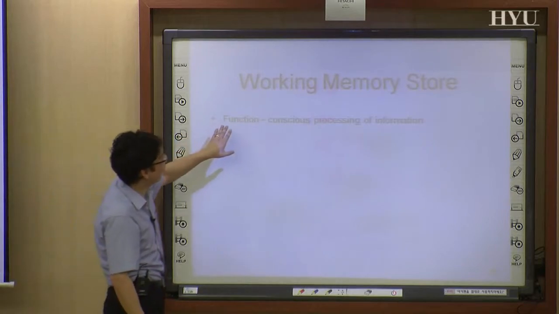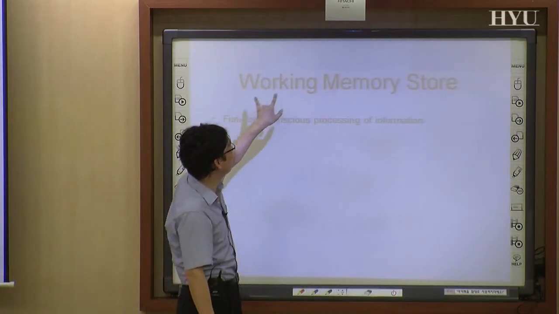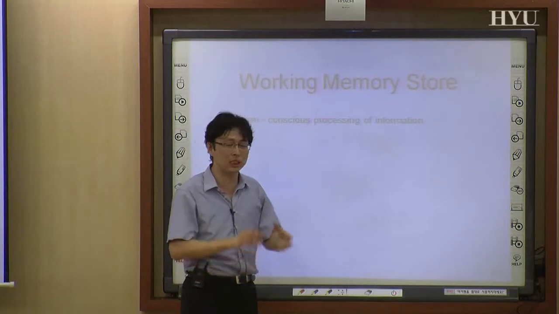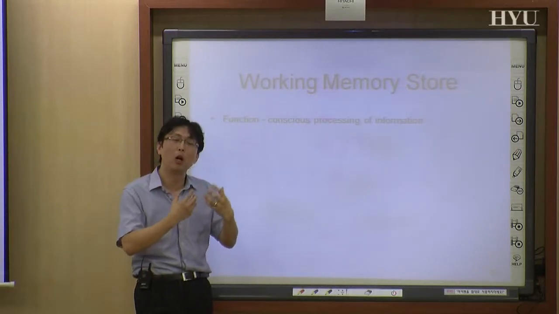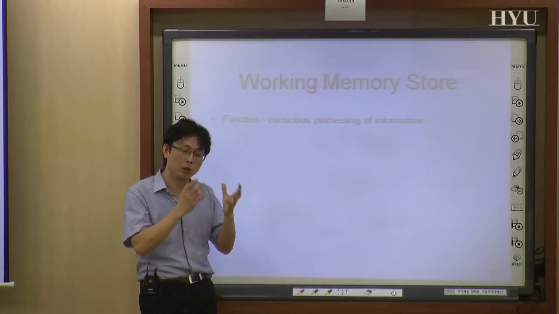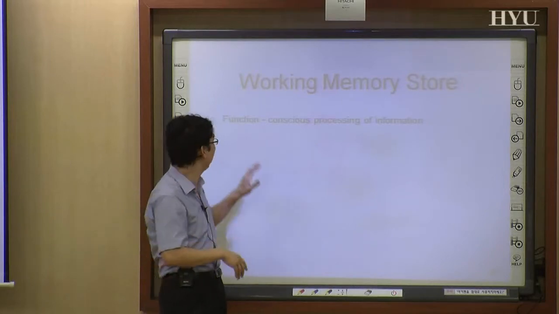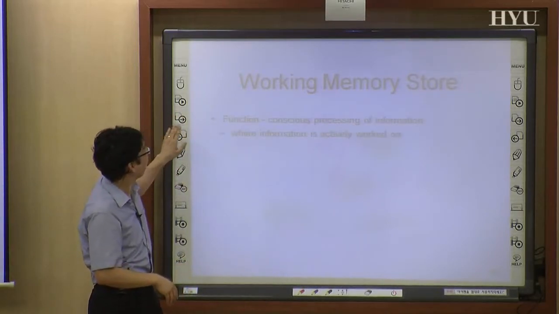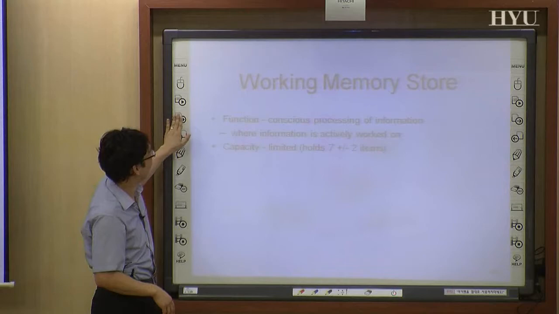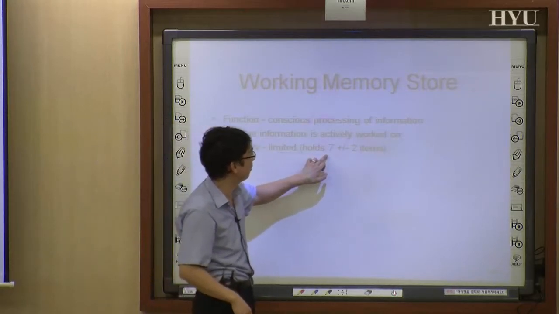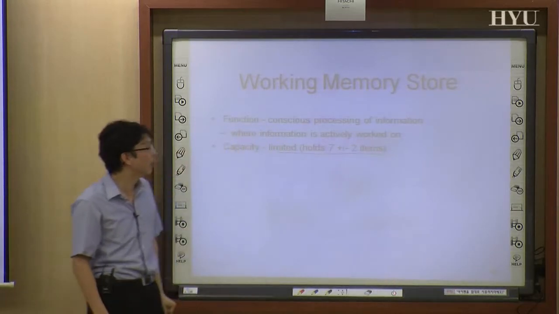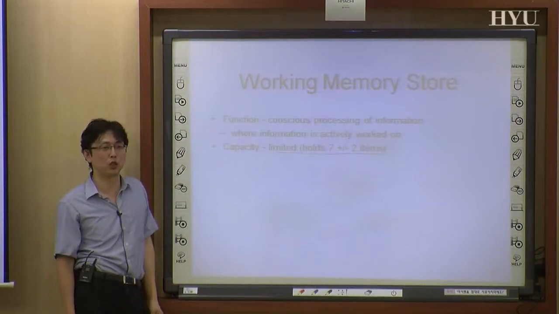The main function of working memory is processing the information from visual or sensory memory through attention. Capacity is very important: 7 plus or minus 2.